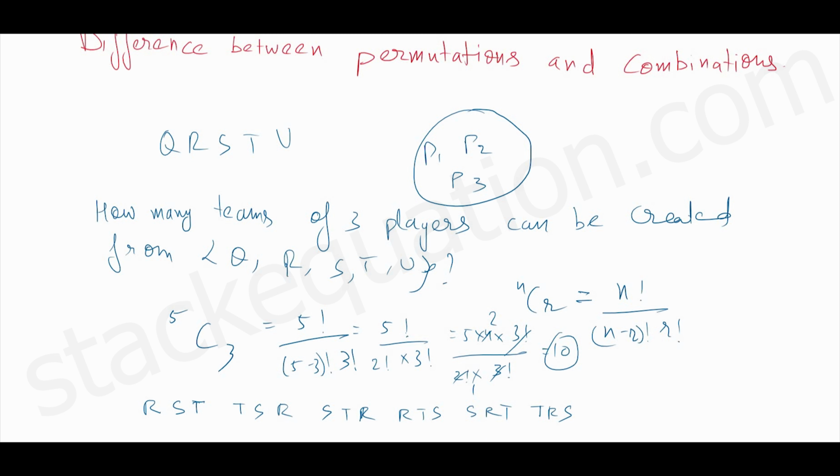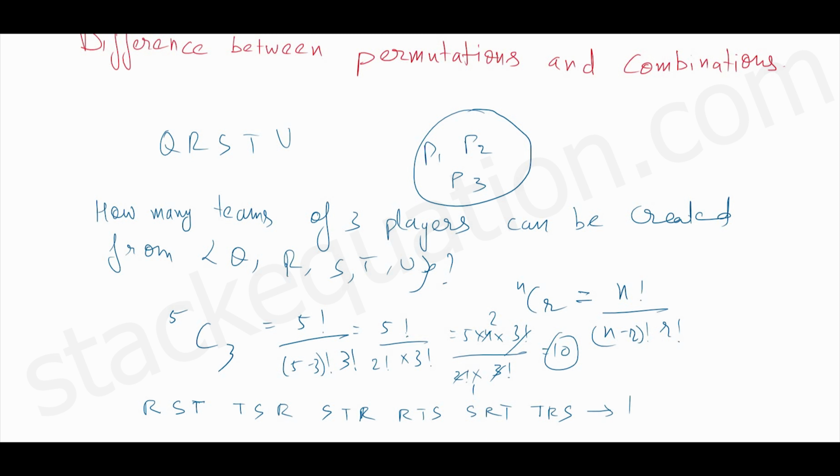So when we select R, S, T, there are 6 arrangements possible. Combination will not count them as 6. Combination will count them as 1, right?